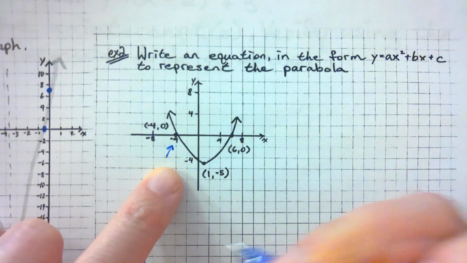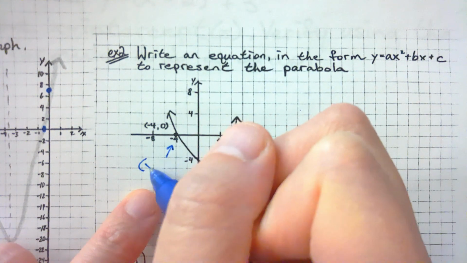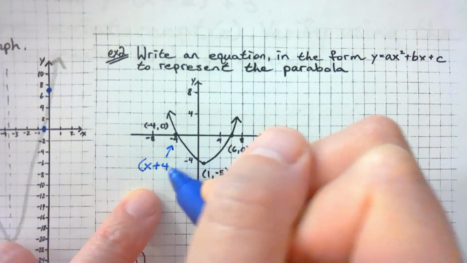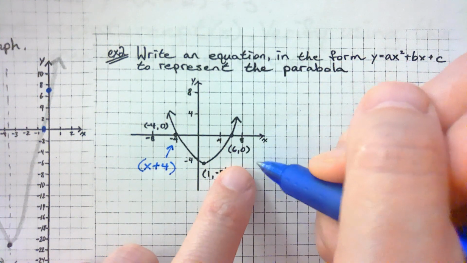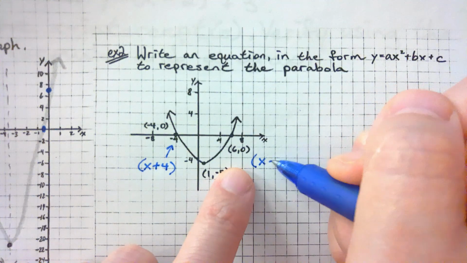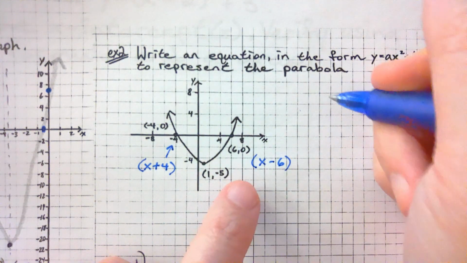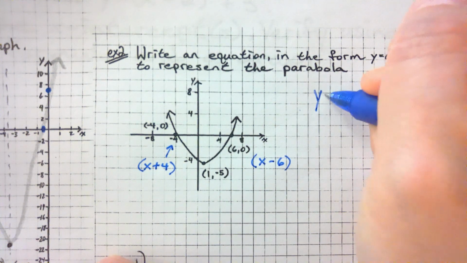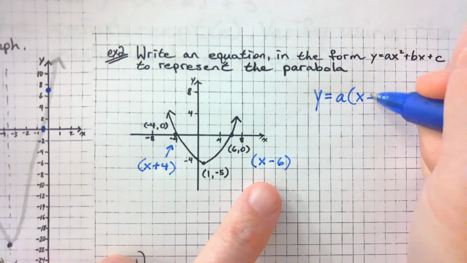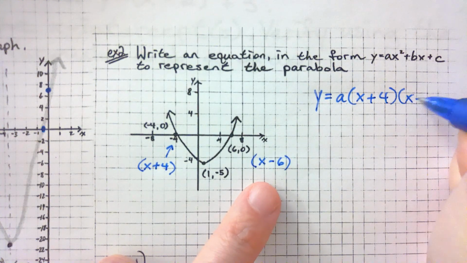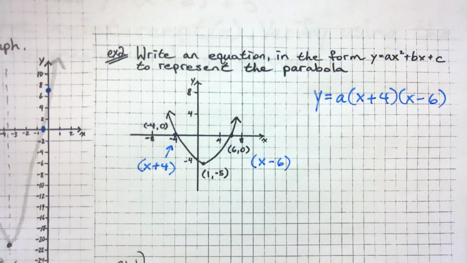Okay, so if this is -4, that means the bracket is x plus 4, and if this is 6, that means the bracket is x minus 6. Remember, factor form is the opposite. So y equals a bracket x plus 4, x minus 6, because those are my two x-intercepts.